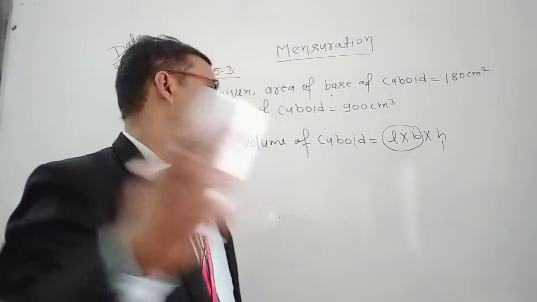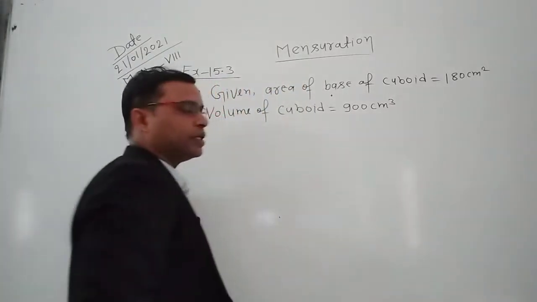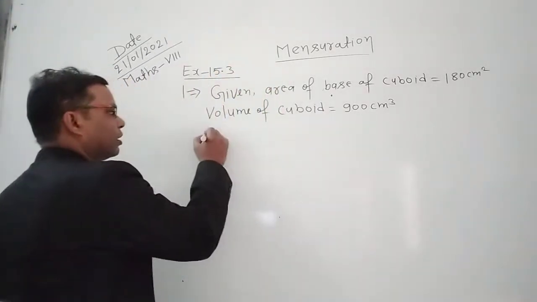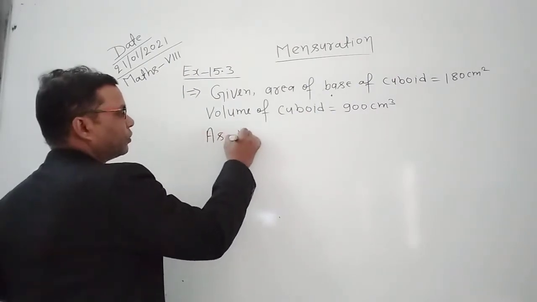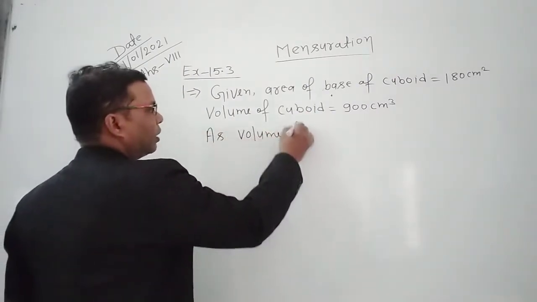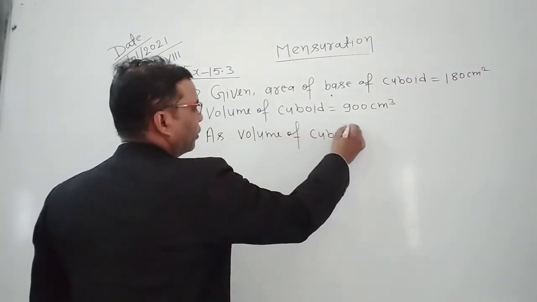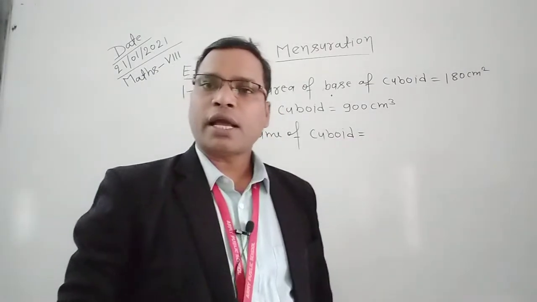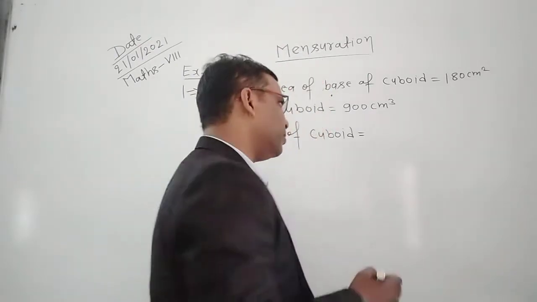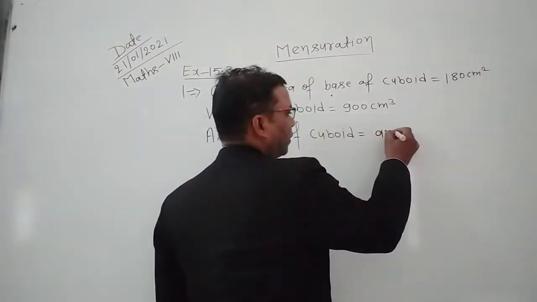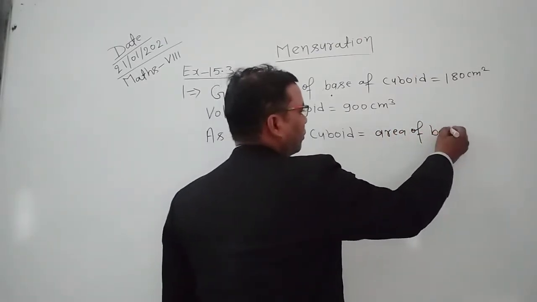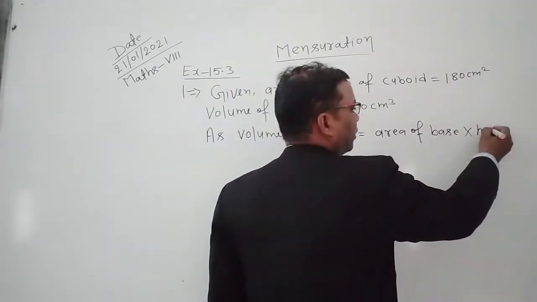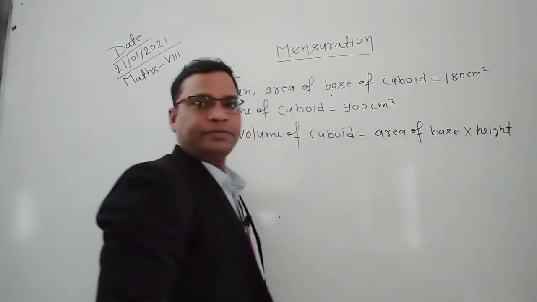This is clear now. So you can write here volume of cuboid is equal to area of base into height.